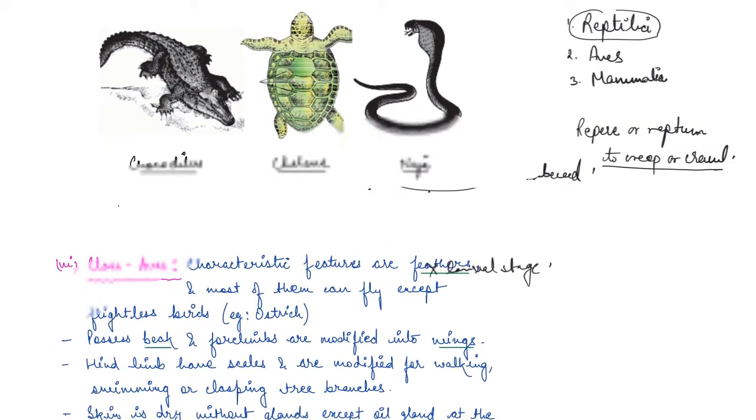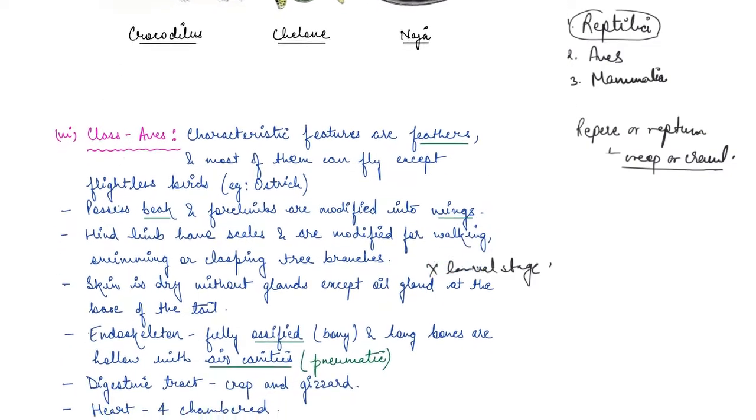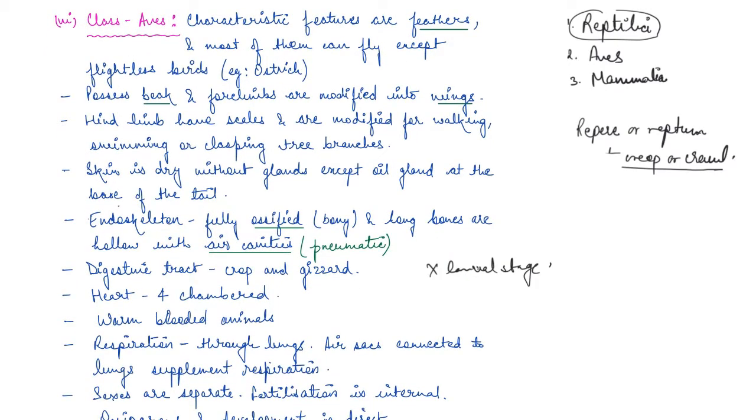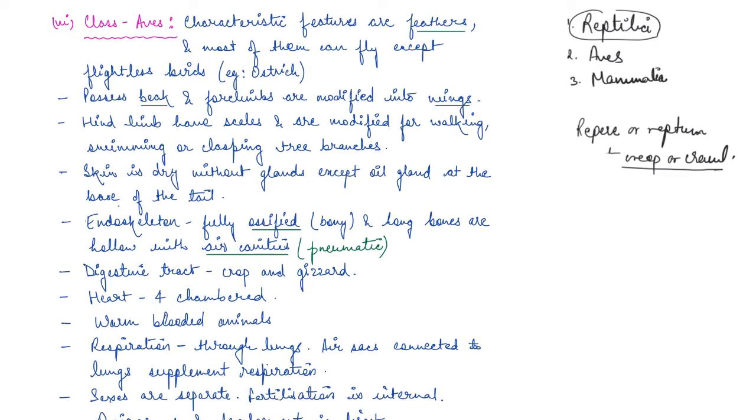Okay, now the second class that we have to cover is Aves or birds. The characteristic features of Aves or birds are feathers. Okay, so they have feathers, and most of these birds can fly except for few like ostrich, which is a flightless bird.